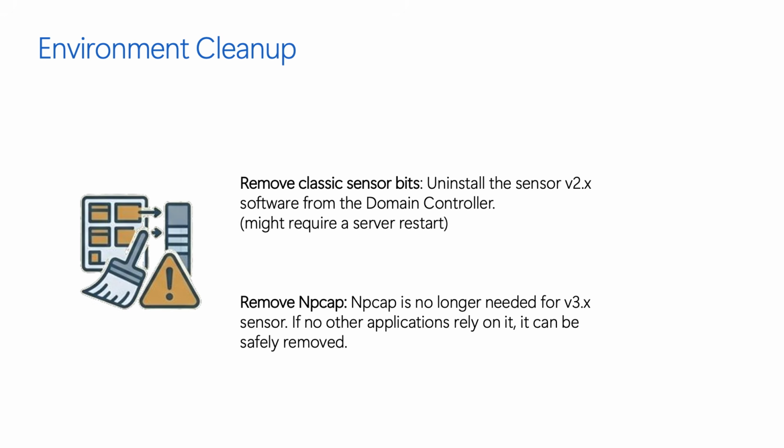And our recommendation is that since the Npcap software and the classic sensor are no longer needed because you have the new one, you can safely uninstall it. Okay, and that's also pretty straightforward to uninstall through software components.